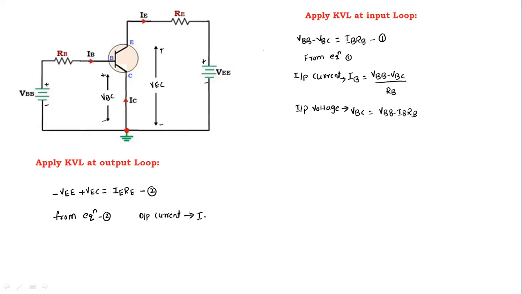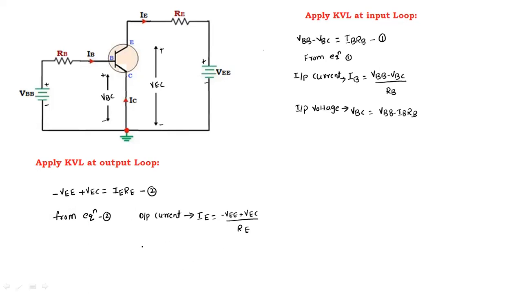If we separate IE, we get IE is equal to minus VEE plus VEC divided by RE. This is the output current equation.